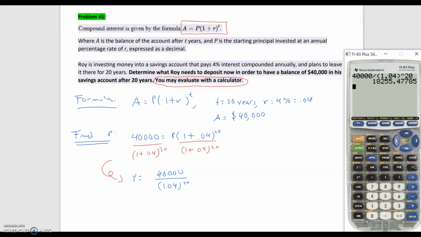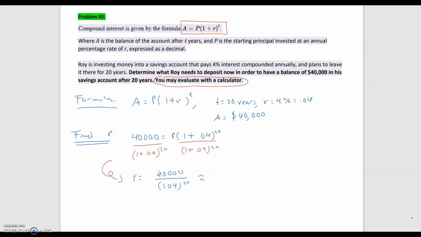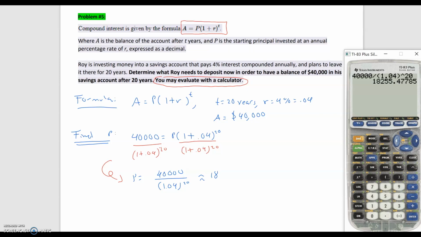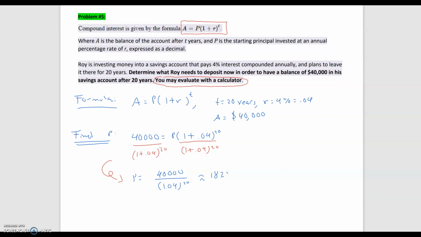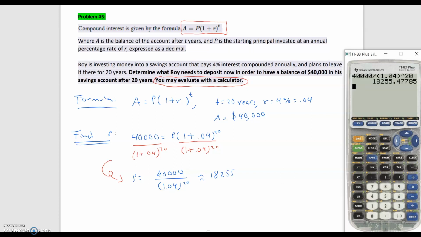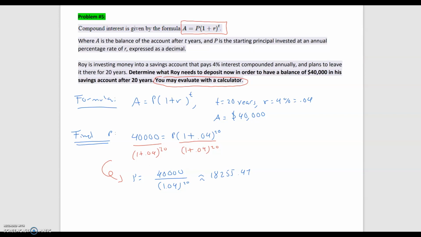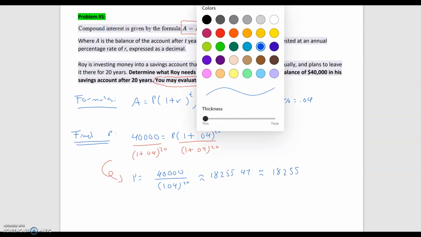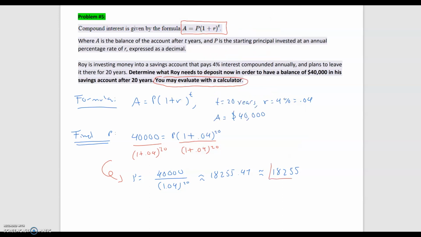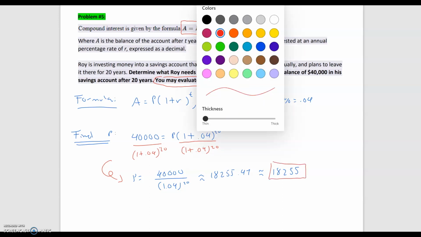And I'm getting 18,255.47. I'll leave it as approximately 18,255. And I do want to mention that some of the problems, they want you to round up. In this case, I'm going to keep it at 55.